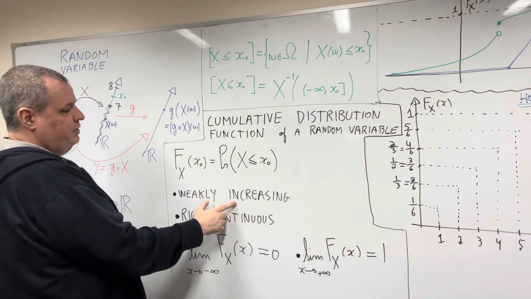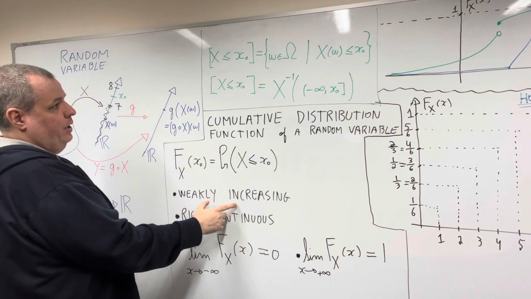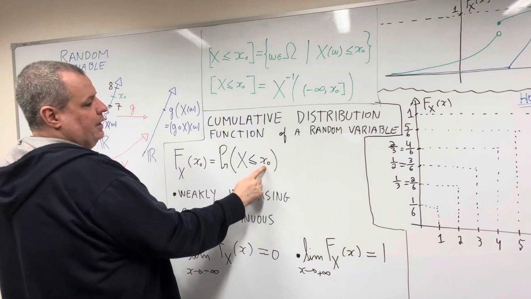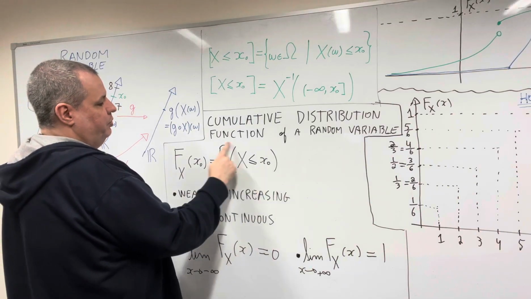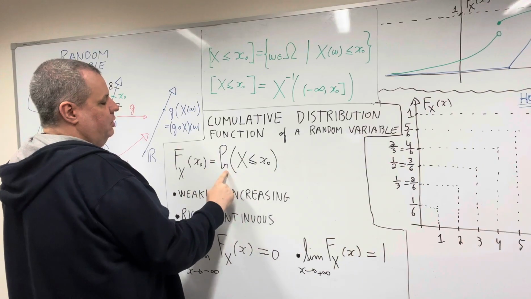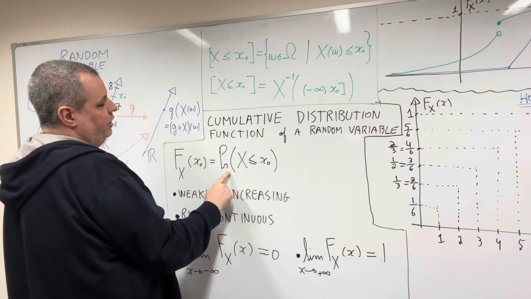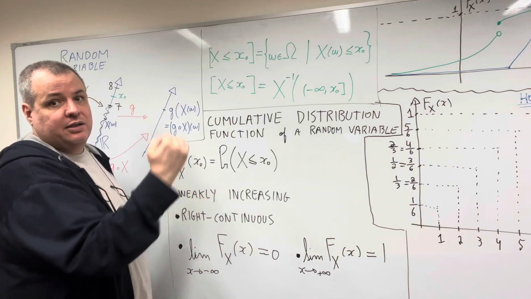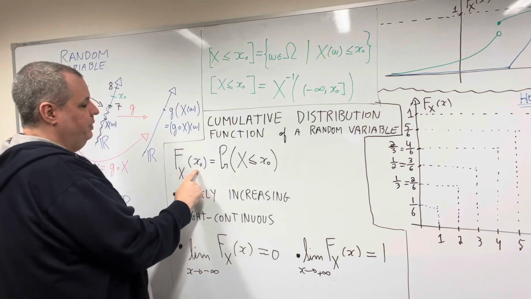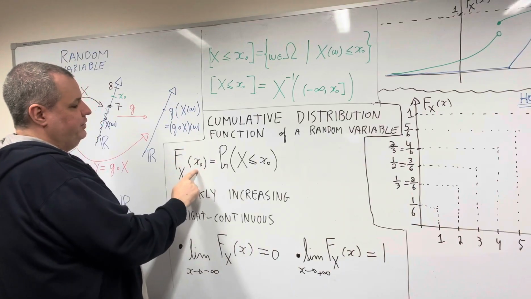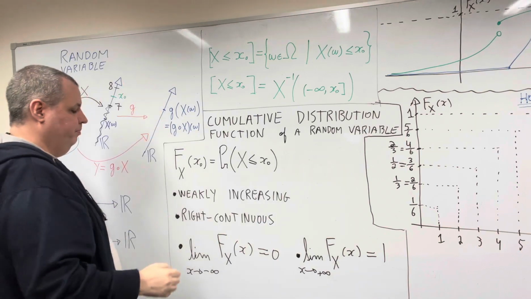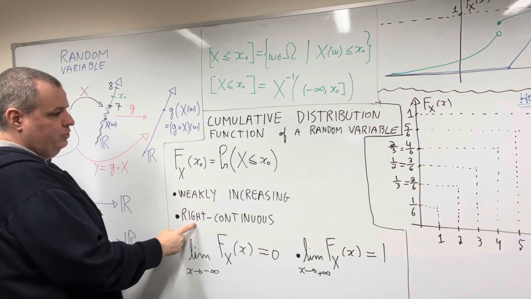It's weakly increasing, okay, and we understood that the last time. If x0 goes up, this probability will go up or stay the same. So that's what I mean by weakly increasing. When the argument goes up, the function F of x0 either stays the same or it goes up. It's right continuous.